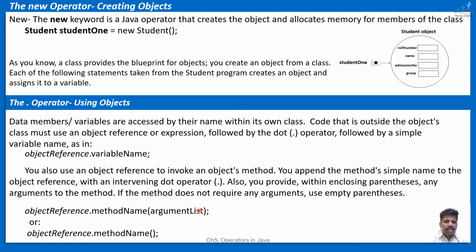Here is a general syntax of how we will be invoking the methods of any class: object reference dot method name, argument list if any, or object reference dot method name parentheses. So here we use the object reference with the dot operator. In general, the dot operator is used to access the members of the class, that is, variables and methods of the class.